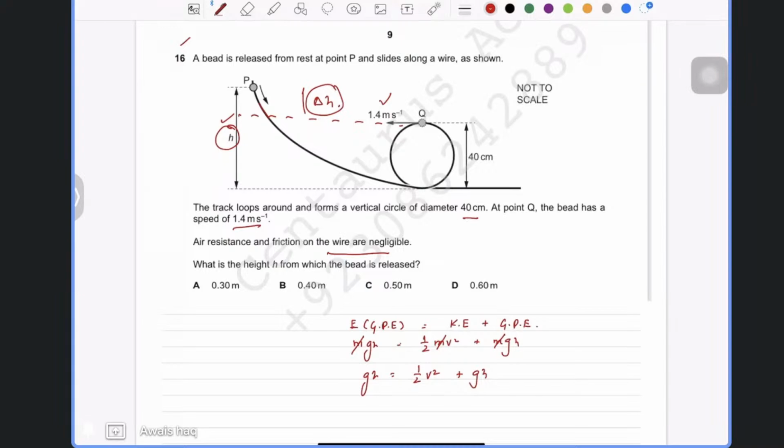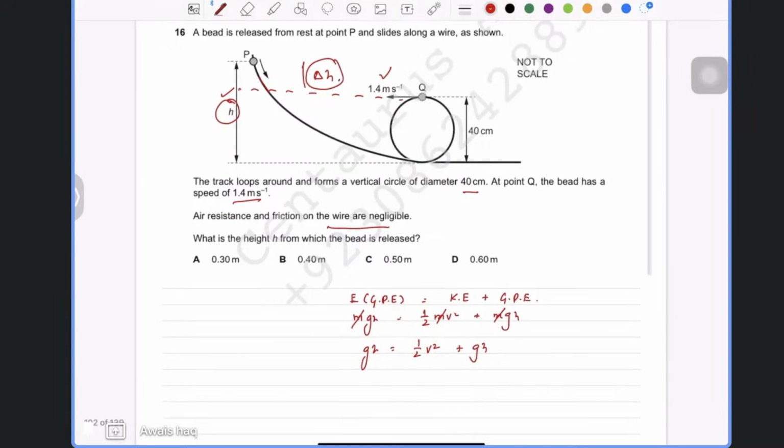Anyway, so then what happens is, that's going to be 9.81, that's going to be h. Half, the velocity at that point was 1.4 whole squared, 9.81, and the height it gained later on was 40 centimeters, which is 0.4 meters.